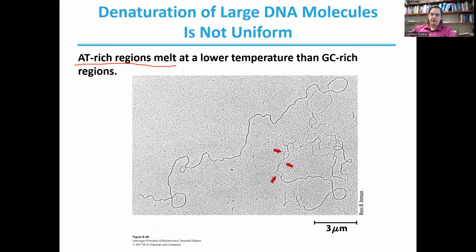So you can see it. This is a large DNA sequence here, as shown under an electron microscope. And you'll notice you have these little loops that form here as our AT-rich regions are denatured and separated, even while most of our sequence still stays in that double helical structure. So you see just the one double strand for most sequences, and then you see these occasional loops where the 2 strands separate when our AT content is higher.